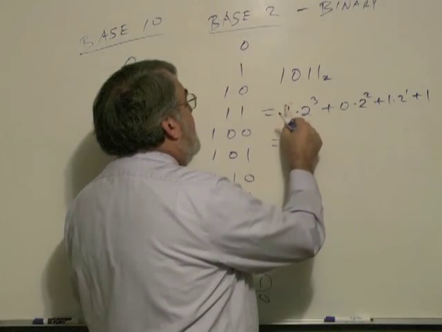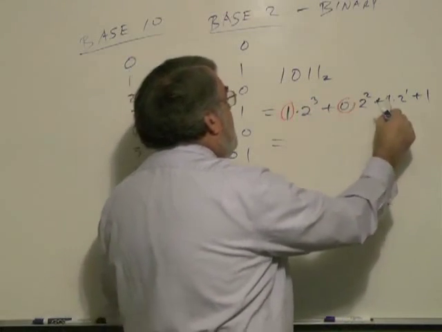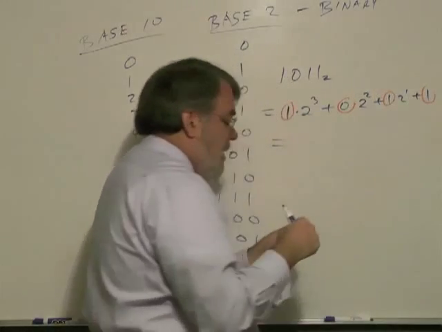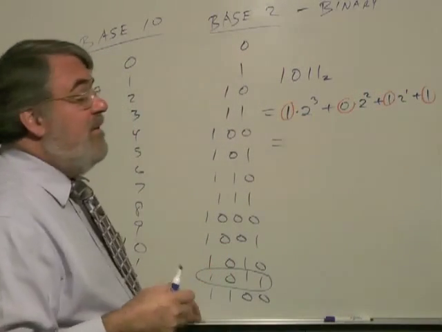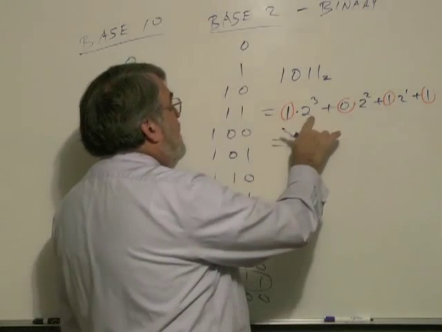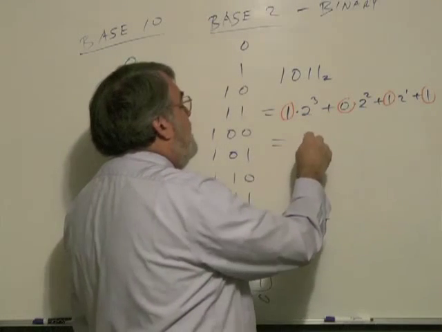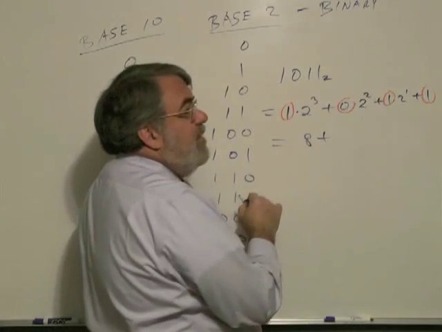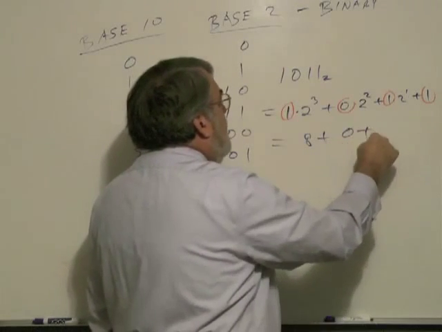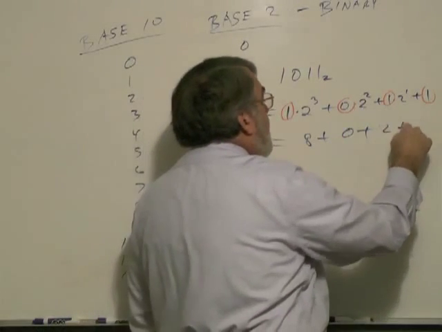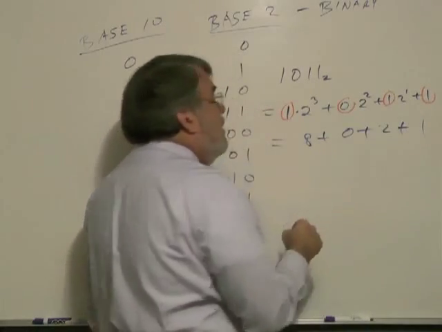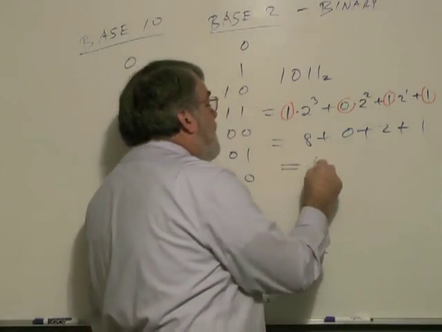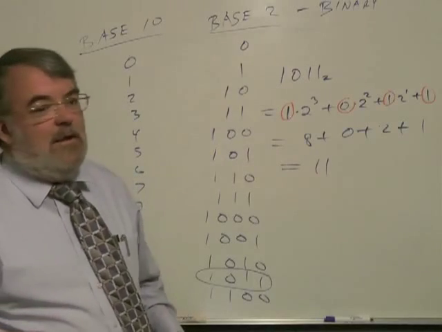To translate this into base 10, I've got to go 1 times 2 to the third, so that's 1 times 8, 0 times 4, 1 times 2, and 1. So 8 plus 2 plus 1, of course, is our common number 11.